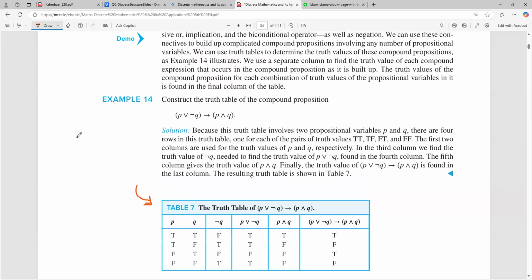So say I also want to prove De Morgan's law. Not (P and Q) is the same thing as not P or not Q. And not (P or Q) is the same thing as not P and not Q.